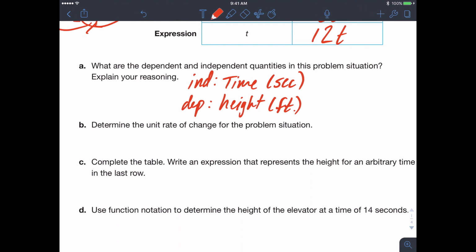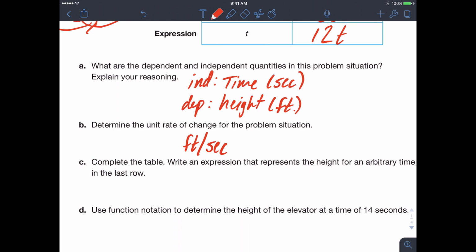Moving on. Determine the unit rate of change for the problem situation. So the unit rate of change, that's like miles per hour, or gallons per meter, or something along those lines. I'm going to say this is going to be feet per second.